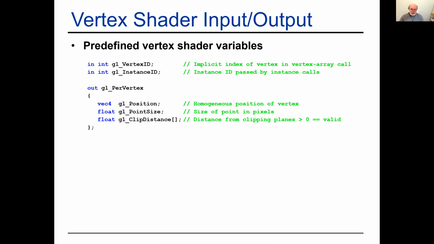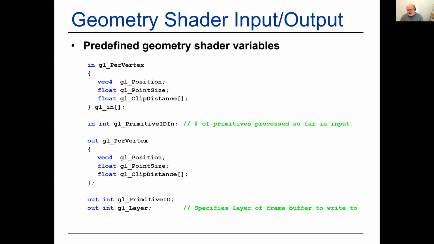This is then used to do the clipping against the plane. So you don't specify the plane, but the distance from a plane that OpenGL doesn't need to know about. It only needs to know about the distances. But again, you can add additional variables from the vertex shader, but they have to match the input to either the geometry shader, or if you don't use geometry shaders, the input to the fragment shaders.